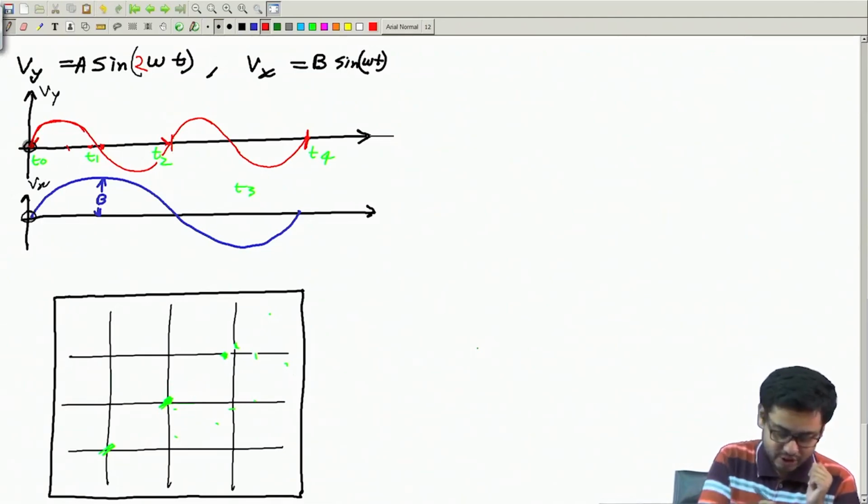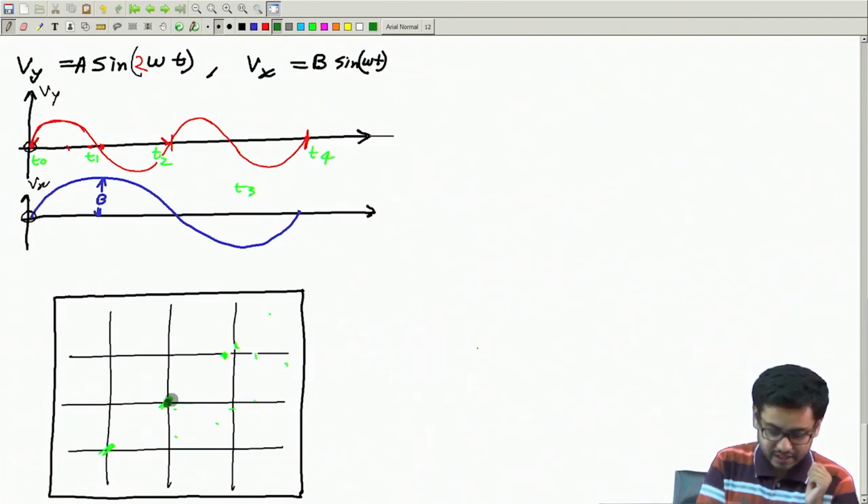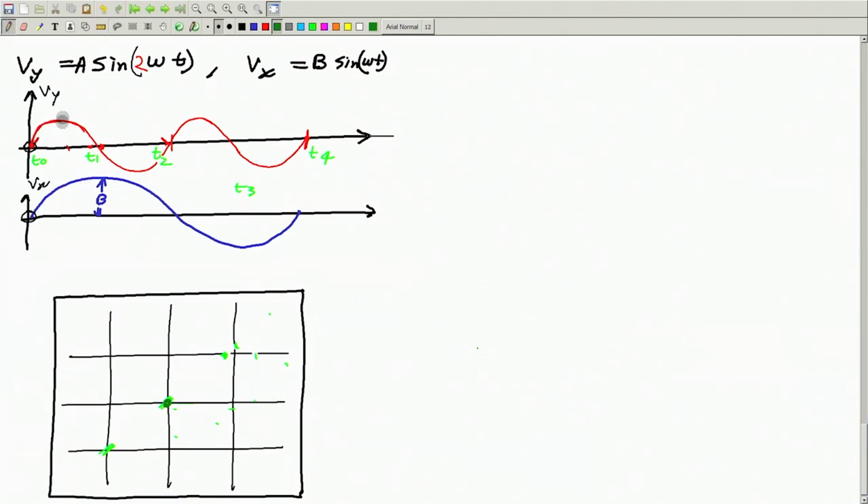Once again we will start from t0. At t0, x position and y position both are 0, so we'll be here. Then x position increases, y position also increases up to this point, so we will go towards the right and up, maybe like this.